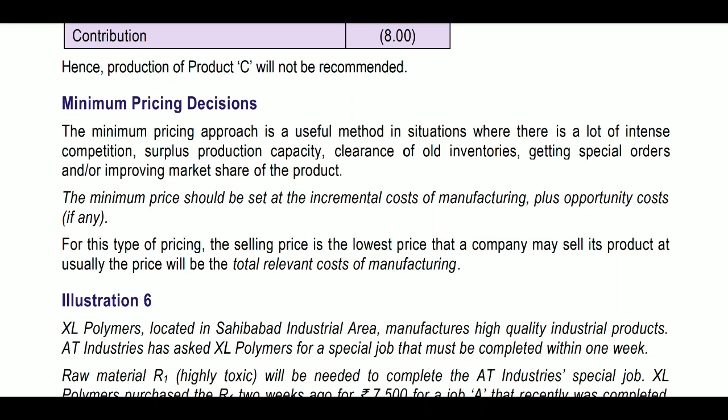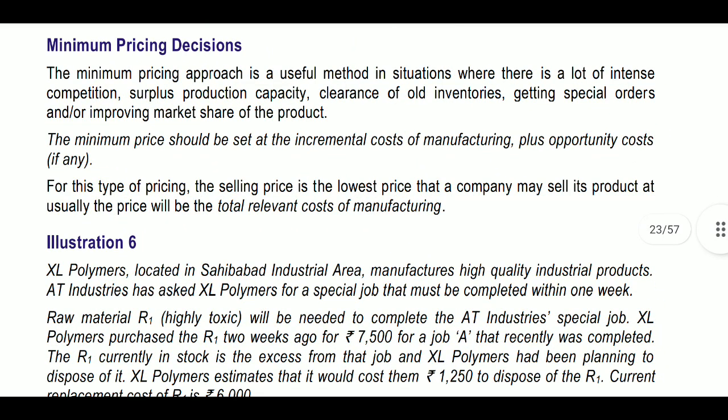We are doing some manufacturing or we got some special orders, so now we will decide whether to accept this offer or not. Are you ready for taking a new product, a new offer for this seasonal sale? When we accept or not, we will see what the minimum pricing is, how much we will get, that we will calculate.